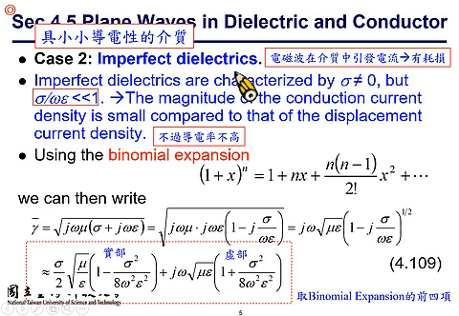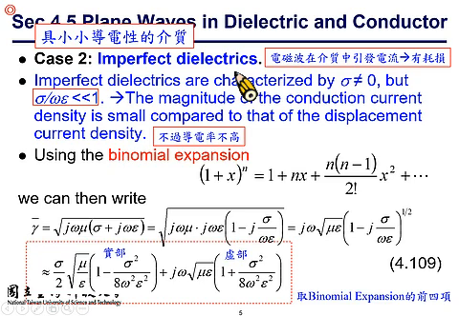As a consequence, if you have a non-zero sigma, then all the expressions for propagation constant, phase velocity, intrinsic impedance become much more complicated.